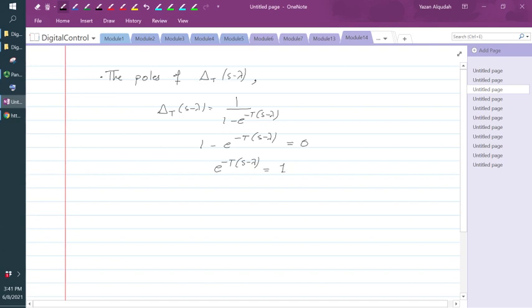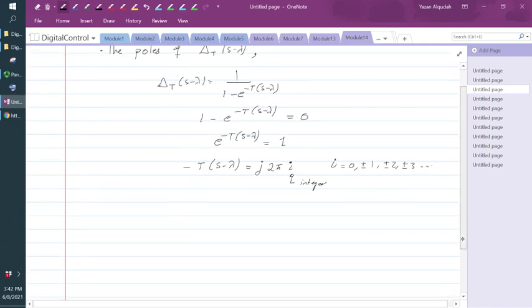And that will occur if negative T multiplied by s minus lambda is equal to j multiplied by 2 pi multiplied by I, where I is 0, plus or minus 1, plus or minus 2, plus or minus 3, etc. So if T multiplied by s minus lambda is equal to j multiplied by 2 pi multiplied by any integer, then e to the j 2 pi is equal to 1, and therefore I'm going to have a pole.